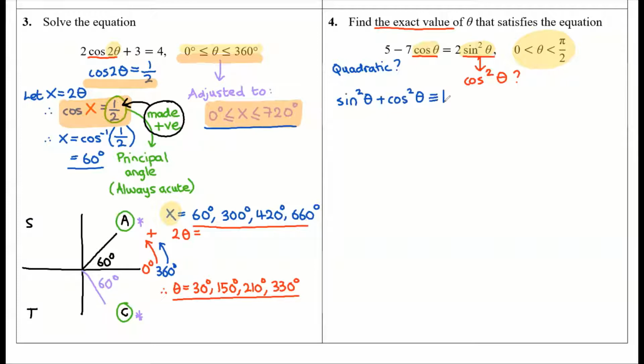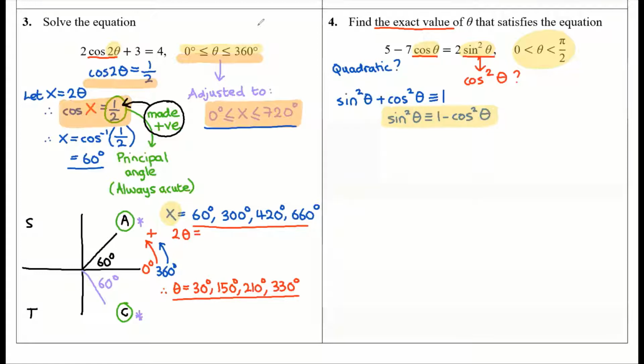And if we rearrange it, we know that sine squared theta is exactly the same as 1 subtract cos squared theta. Okay? And this is going to be substituted into our equation. Let's do it.